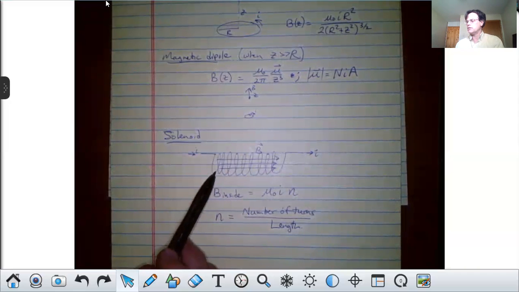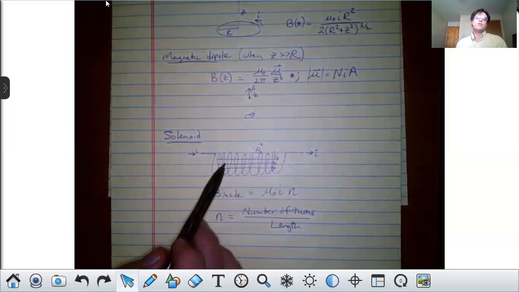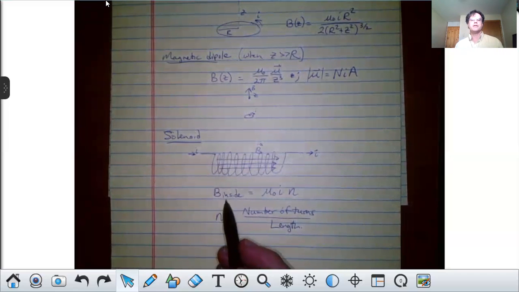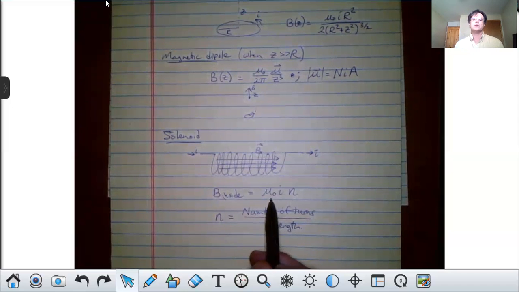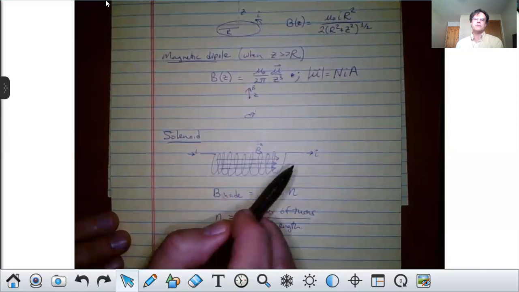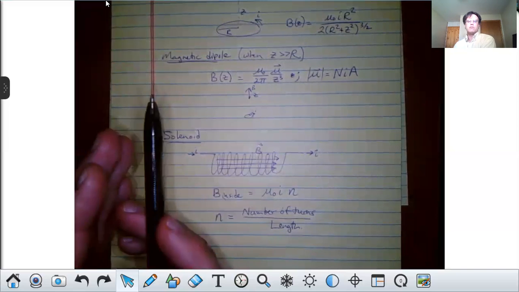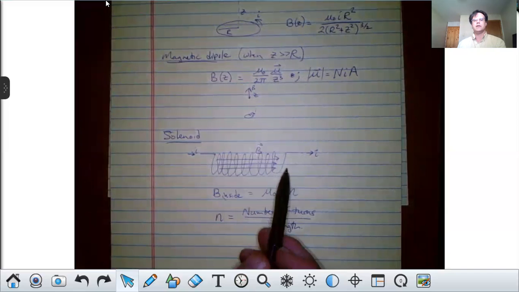And I can send a current through those loops, and I will get basically a uniform or constant magnetic field inside. As it turns out, the formula for that constant magnetic field inside is mu0 times the current times the number of turns of wire divided by the length. So it's kind of like a density of turns per length in the solenoid.